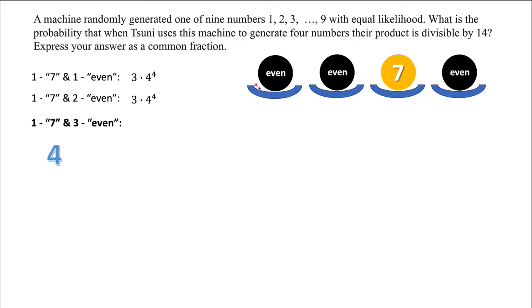So we need to multiply these 4 possibilities for the 7 ball by 4 possibilities for the first even ball, 4 possibilities for the second even ball, and 4 possibilities for the third even ball. So the total number of cases in this case will be 4 to the power of 4.